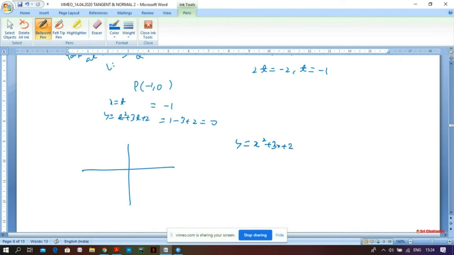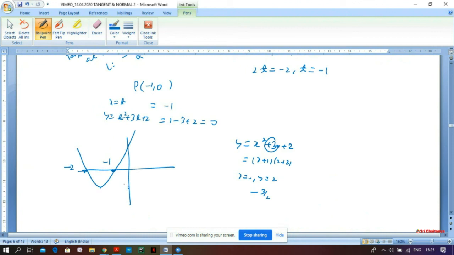If you accurately draw, this has roots at x equals minus 1 and minus 2. At x equal to 0, the value of y is 2, and the vertex is at minus 3 over 2. So you find that this goes like this. Here this is minus 2, this is minus 1, this is negative 3 by 2.